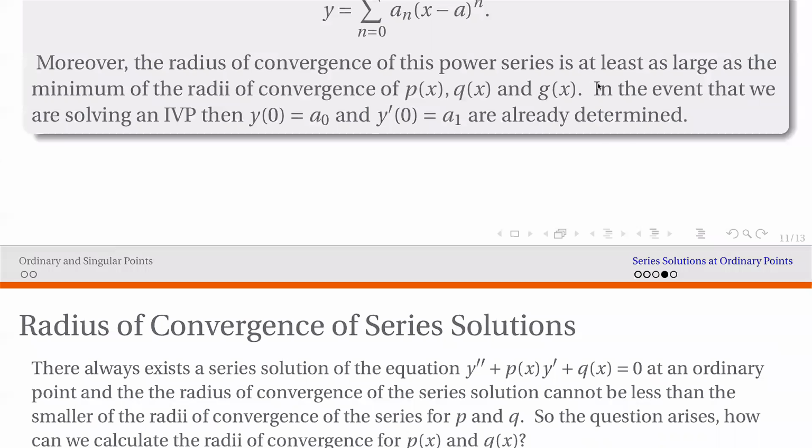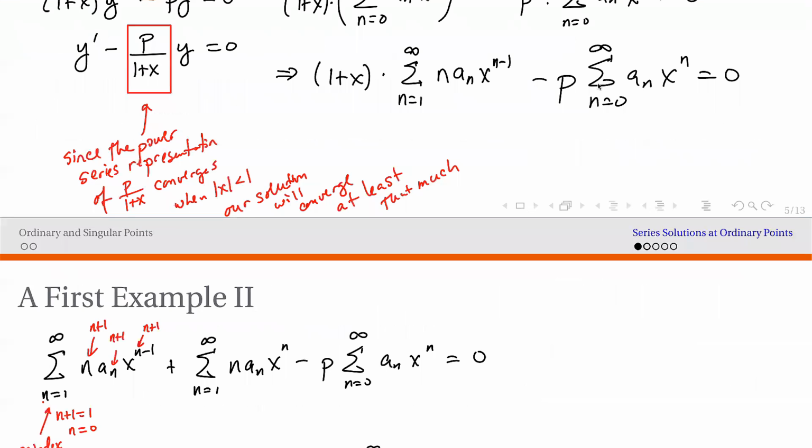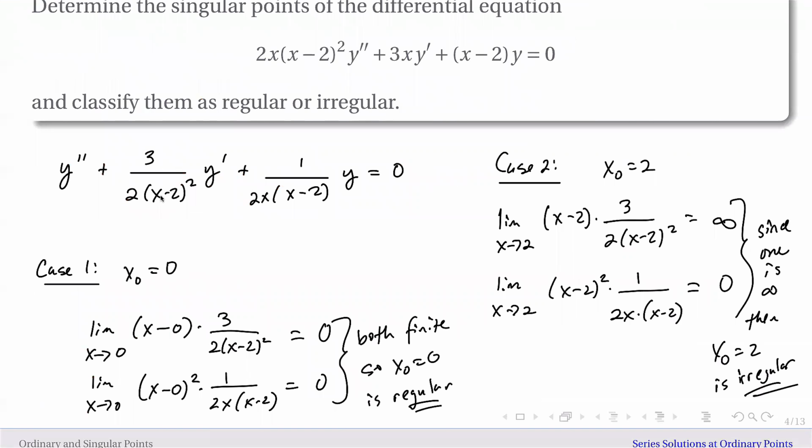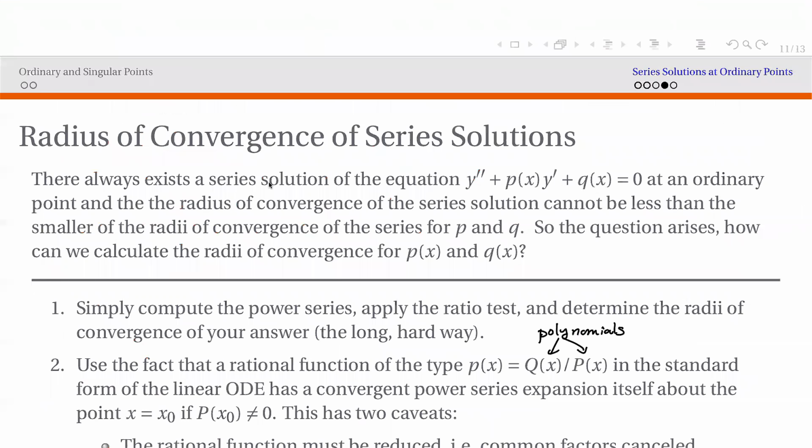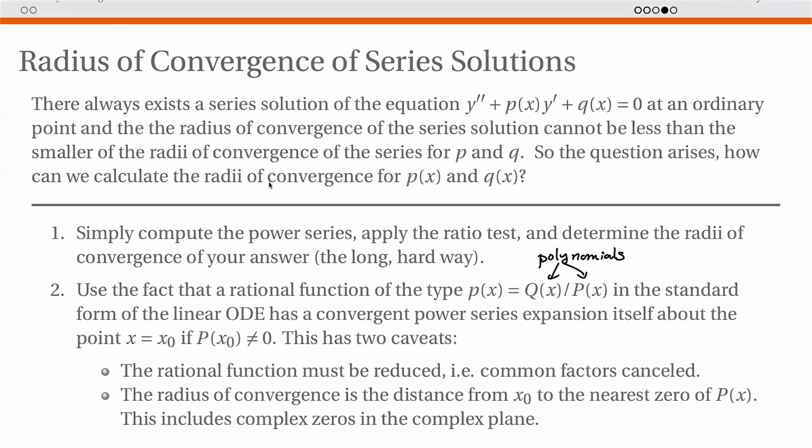It's kind of like this example we did last time, where we're looking for ordinary points and singular points. And for rational functions of that type, finding the radius of convergence, there's a neat trick that you don't have to do the ratio test.